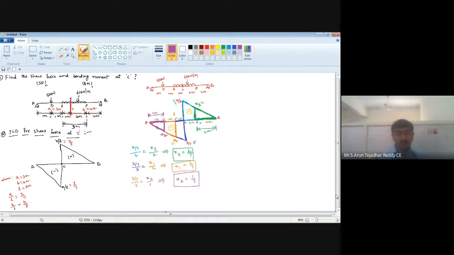So in this problem, one is the point load, the other one is the UDL. But if you take the UDL, it is entirely E to F. So at the starting point and at the ending point, we can create two ordinates. Okay. Next.